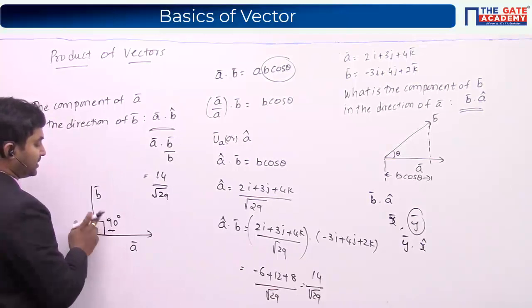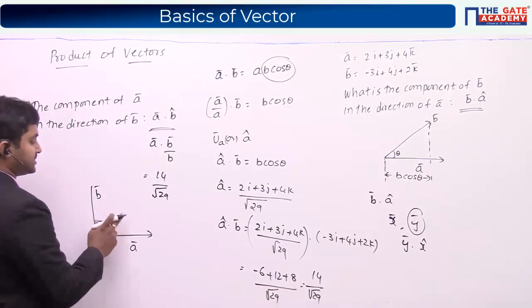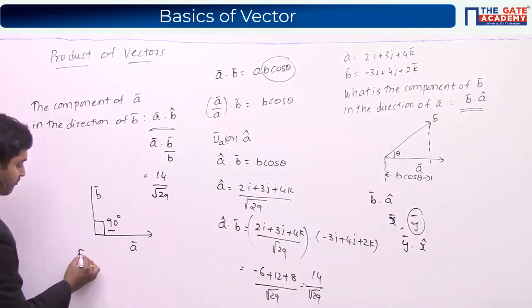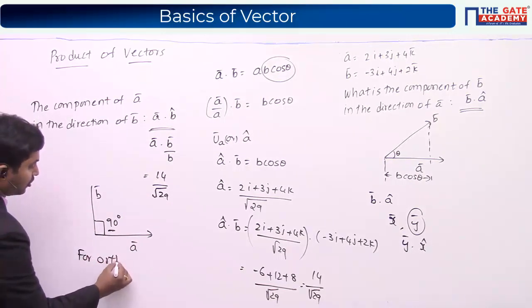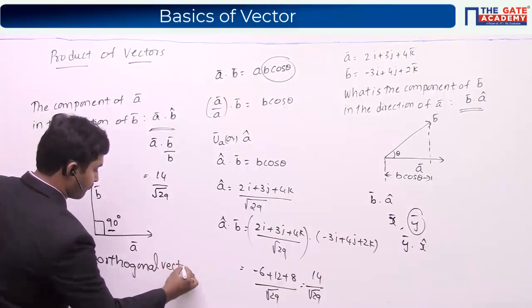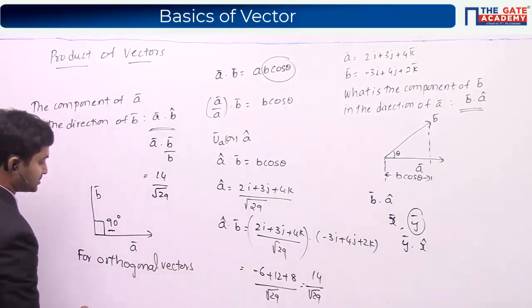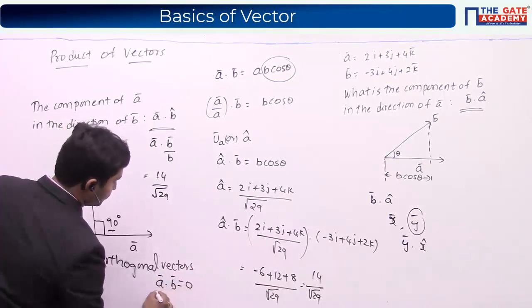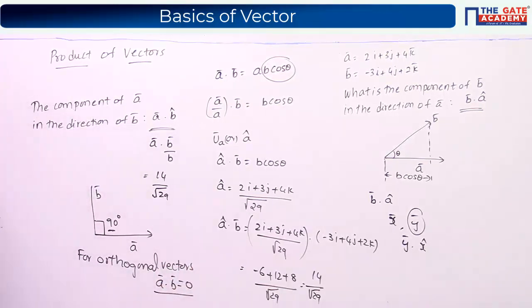Those two vectors which make an angle of 90 degrees are what we call orthogonal vectors. So for orthogonal vectors, A bar dot B bar is equal to 0.